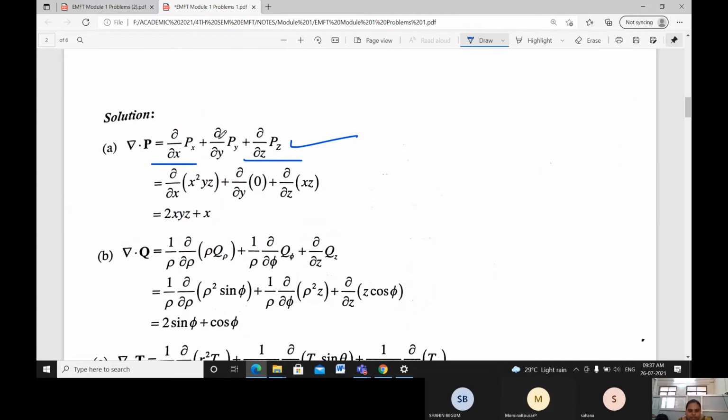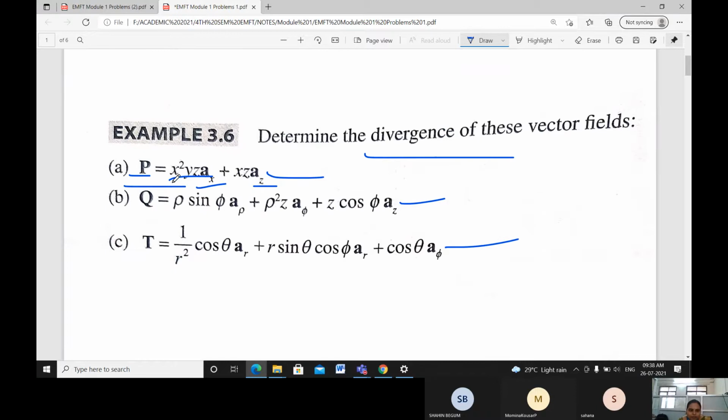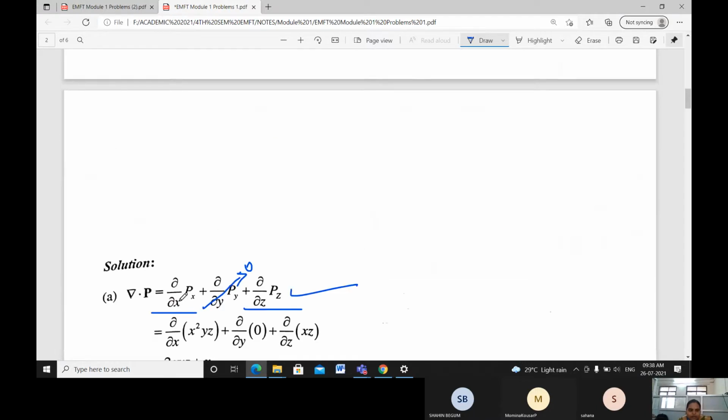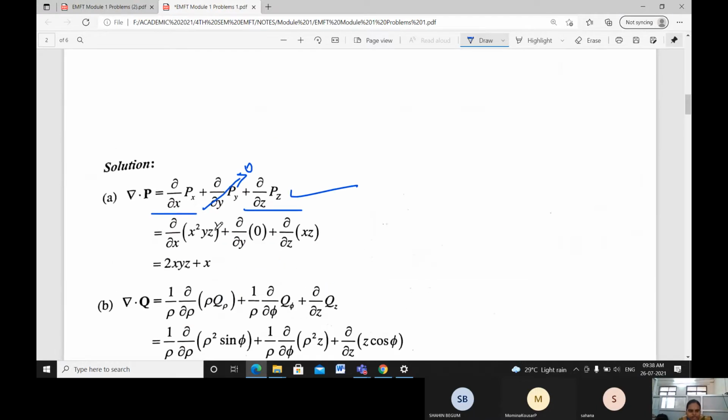Our ay is not given, so for that reason you can directly write it as 0 only. Py is not given, you can write it as 0. Therefore Px is what we have to consider, that is dou by dou x of x squared yz.